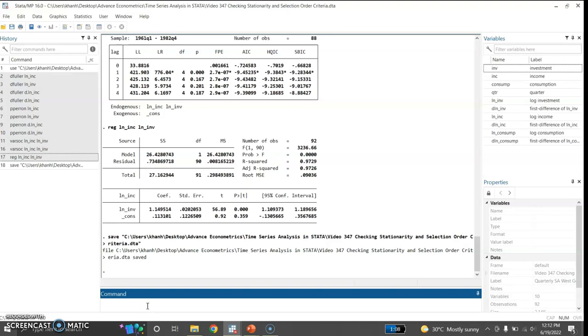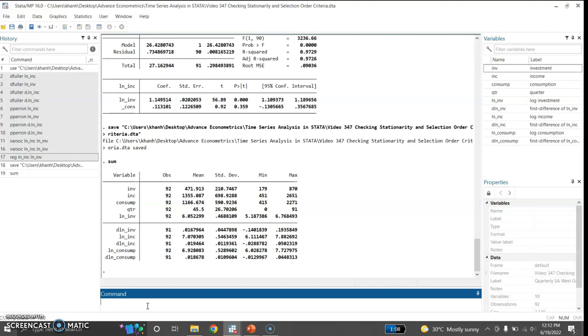So let me summarize, and this is the summary of these variables, and this is income. The total number of observations is 92. This is income, this is investment, this is consumption, and this is quarterly data, and this is a log of investment.